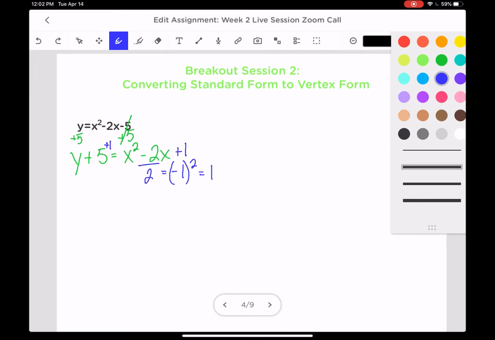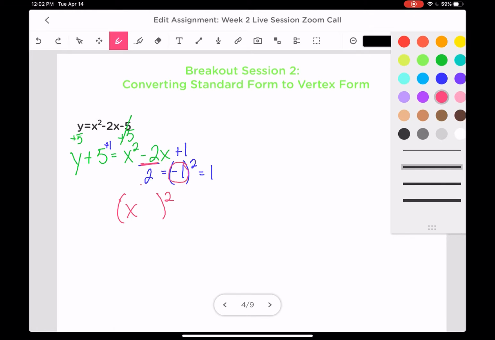From here, I'm going to write the right side of my equation as a perfect square. So I have x, and I want to write it as a perfect square, which means there's going to be something inside my parentheses with x, and then the whole thing is going to be squared. To figure out what goes inside the parentheses, all you have to do is take your b value and divide it by 2, which we already did.